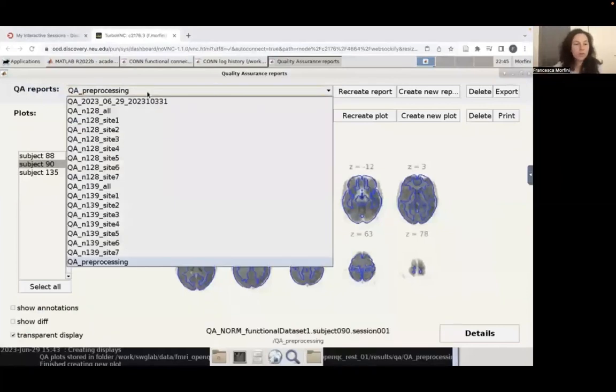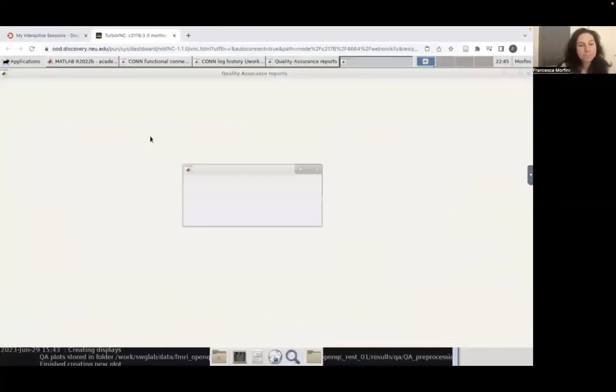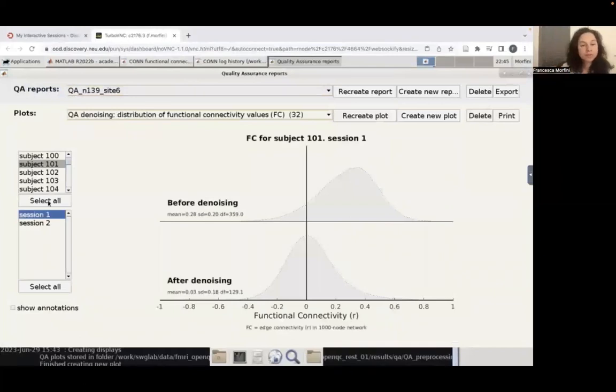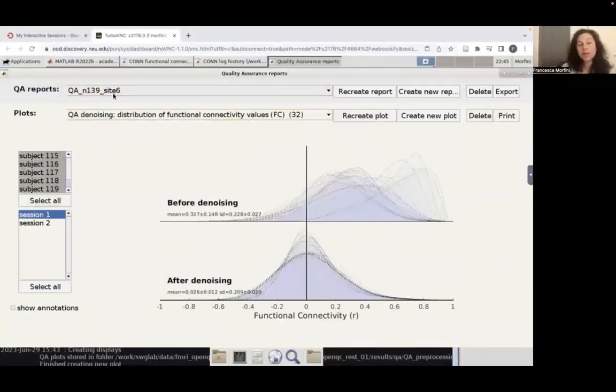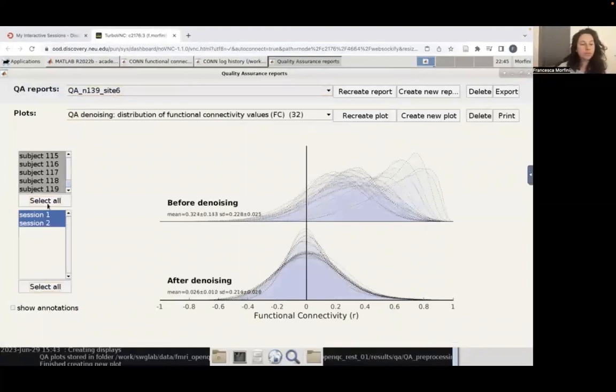So in our case, if we look at the functional connectivity distributions for just one site out of the 7 that constituted the original data set, site number 6, these represent the Pearson's R correlation coefficient, which is plotted on the x-axis, between the BOLD signal time series among all pairs from a fixed 1,000 random voxels, which are extracted from the gray matter.